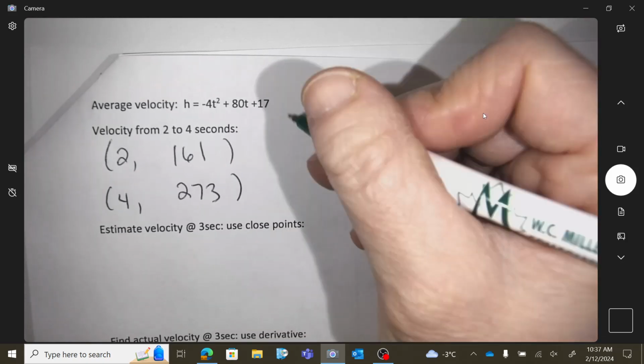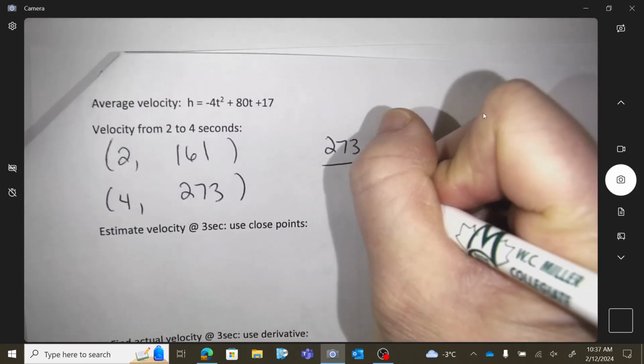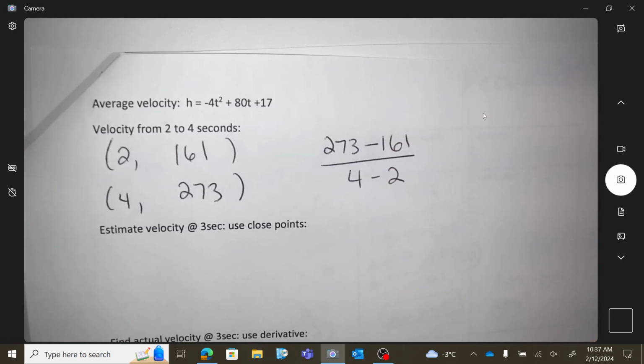Okay, so how do I find velocity? y2 minus y1 over x2 minus x1.